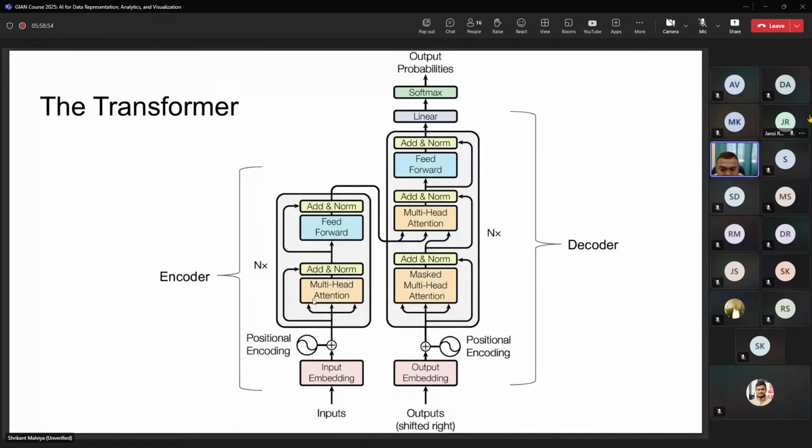Before discussing that, after multi-head attention there will be some matrix multiplication and vector multiplication. Because of those multiplications, the values may jump very high, and during back propagation, the vanishing gradient problem can also occur.